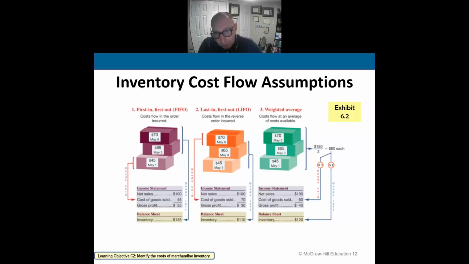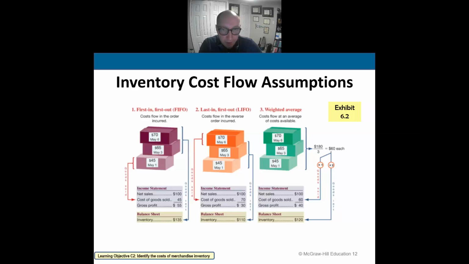Let's say I'm Eldo and I'm opening a brand new store, and I'm doing it in the month of May. I don't know which kind of inventory cost system I want to use yet. So I'm going to try this out using this example. Now, I ordered the first pair of shoes on May 1.